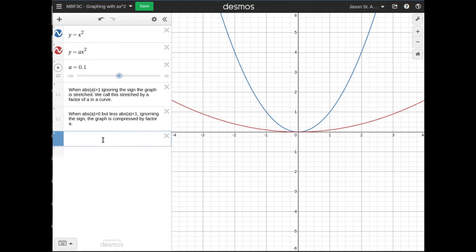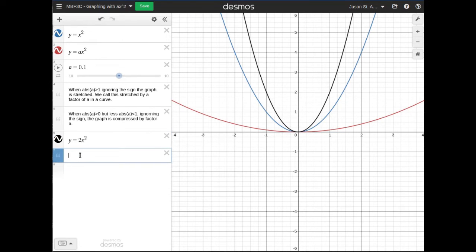So here's an example. Suppose I am looking at y is equal to x squared, and y is equal to 2x squared, right? So we have that black graph there. When we look at that black graph compared to y is equal to x squared, it's skinnier. So you could literally say that this graph is stretched by a factor of 2. So essentially what we're doing is multiplying each of the y values of the graph by a factor of 2.